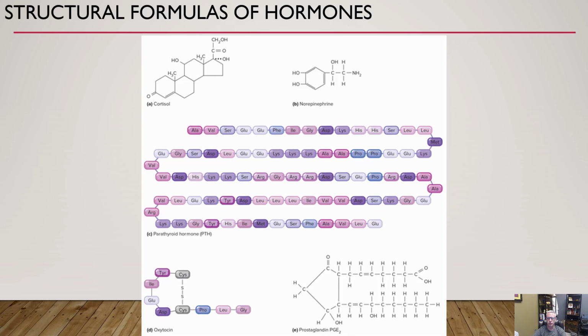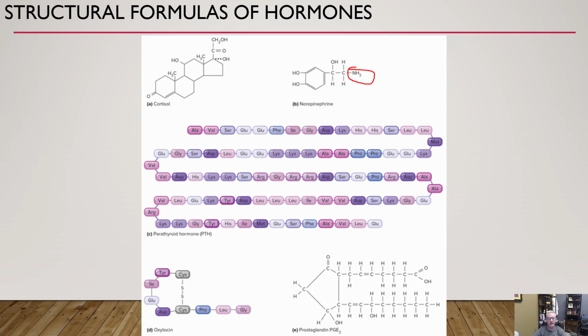Remember, steroids are derived from cholesterol, and so it's going to be lipid soluble. The second one is norepinephrine. Norepinephrine, that's an amine. So you can see this little amine group here. That's your amine.